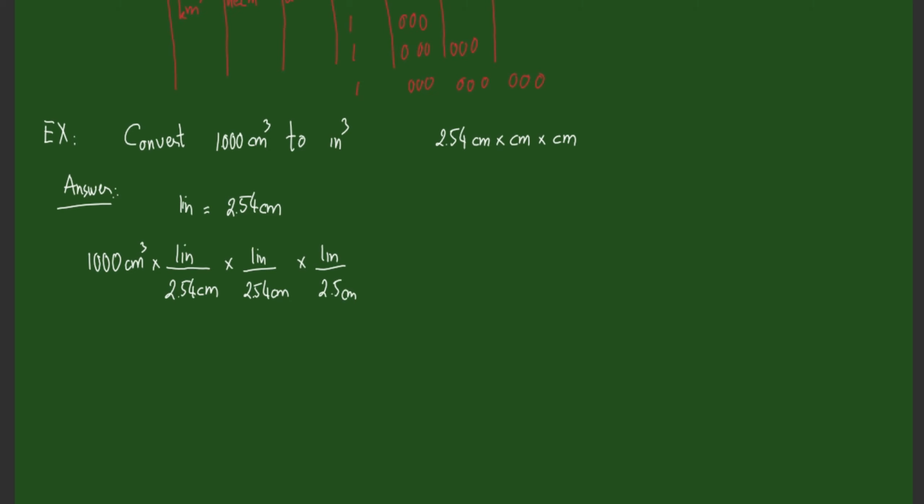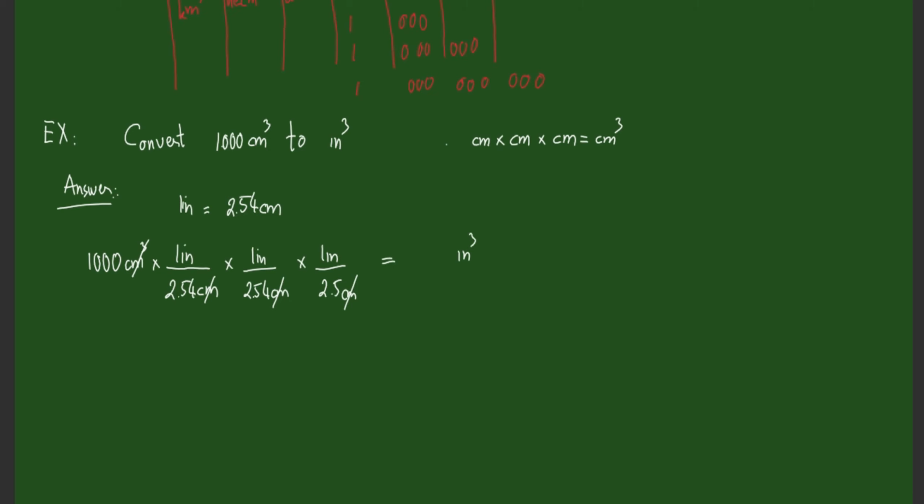You see that centimeter times centimeter times centimeter is centimeter cube. So I can cancel this with this. What I have left is inch times inch times inch, which is inch cube.